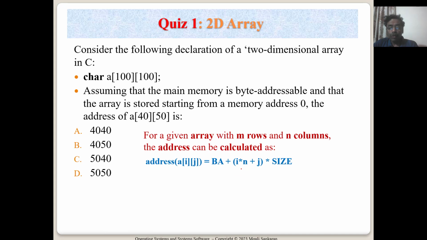See, I can use the index value as it is. Suppose I am interested in knowing A of i and j. When I gave an example of an array, interested in this 5, I need to give the same value, correct? And then I am assuming that m rows are there and n columns are there.